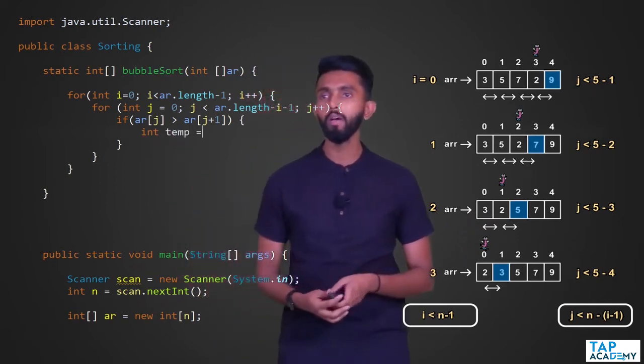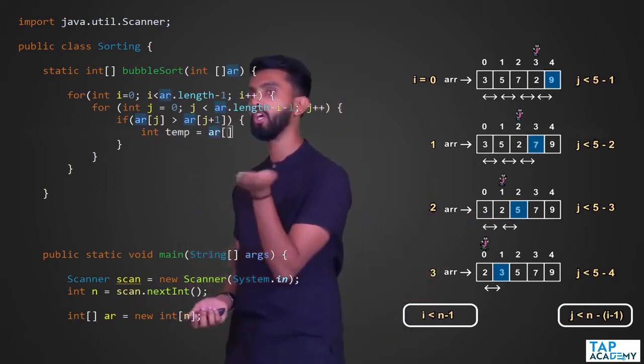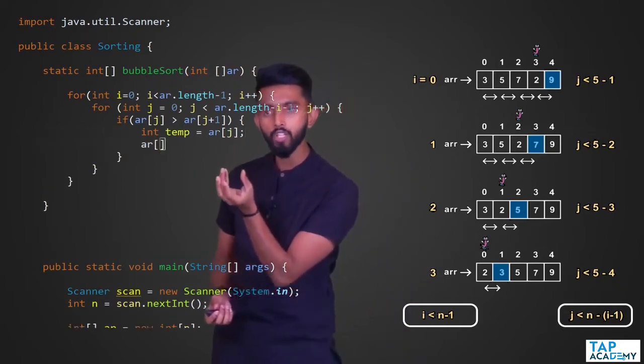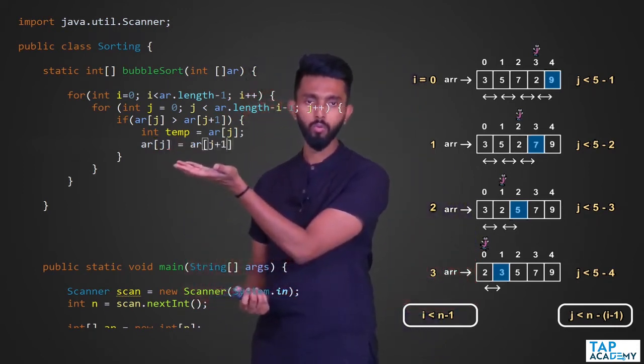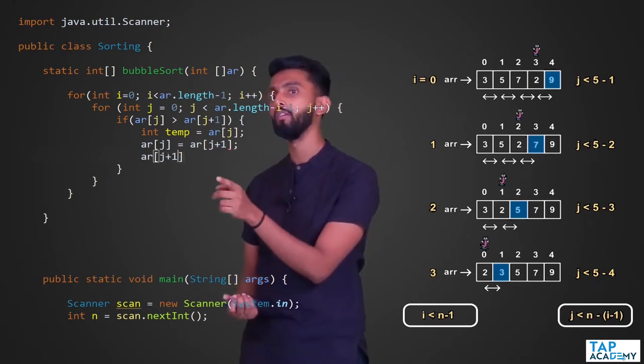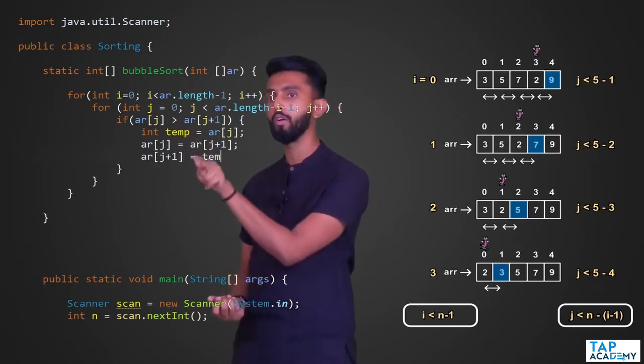So I'll write int temp, and whatever is there in AR of j I will give to the temporary variable. Next whatever is there in j plus 1 I will give to AR of j. Simple code, swapping two values using a third variable. Then whatever is there in temp I'll assign to AR of j plus 1.